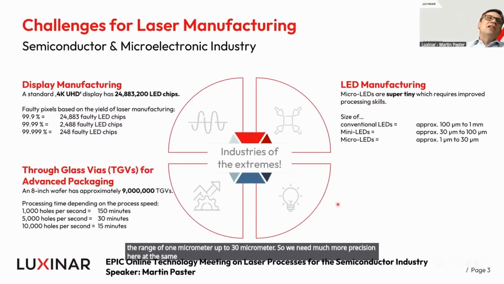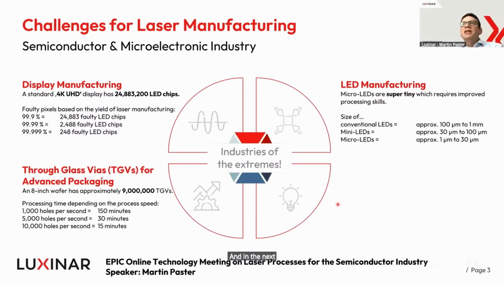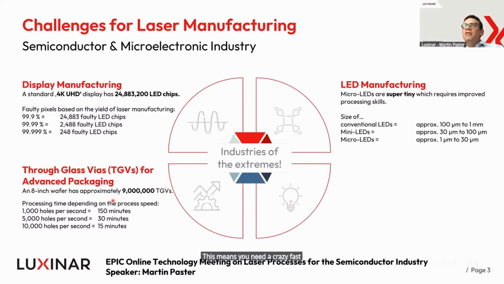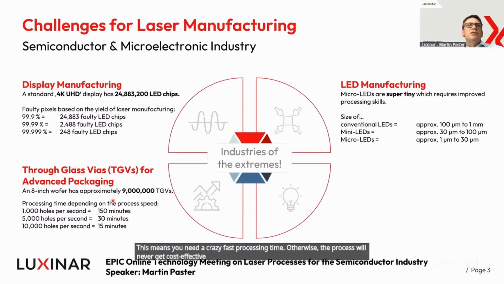And next, we already got the example for the through glass vias. An 8-inch wafer has 9 million through glass vias to be installed. This means you need a crazy fast processing time. Otherwise, the process will never get cost effective. Even if I do 1,000 holes per second, it will take 150 minutes to drill these 9 million TGVs into the wafer.